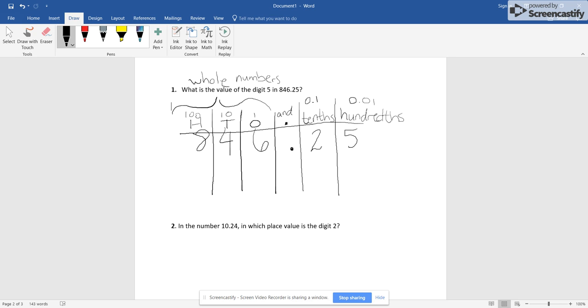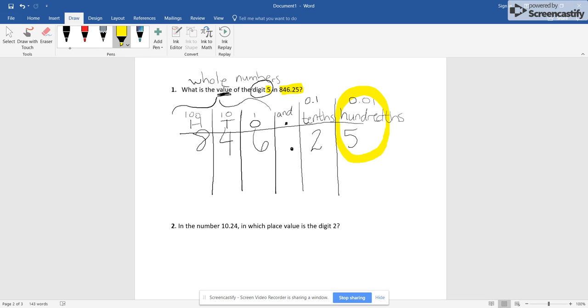Okay? So now that we made our place value chart, it's easy for us to figure out what the value of the digit 5 is in 846 and 25 hundredths. So we're only looking for the digit 5. And here is the digit 5.